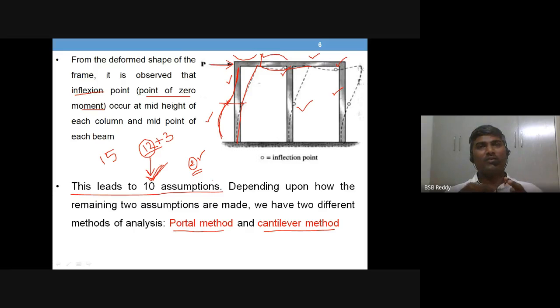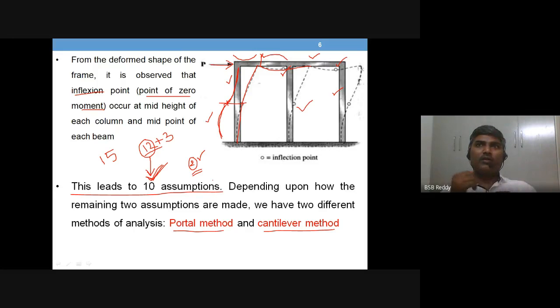One, for example, if you are solving the structure using a package, you first need to assume a preliminary size of the member, then proceed for the analysis, that is approximate analysis. Once you design the structure, you get the exact size of the member. Then by giving the exact size of the member, you run the analysis, that is the exact analysis.